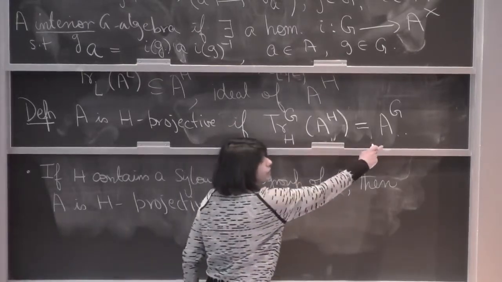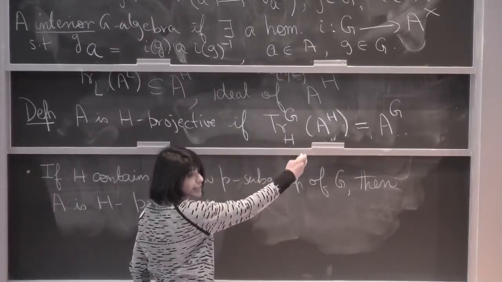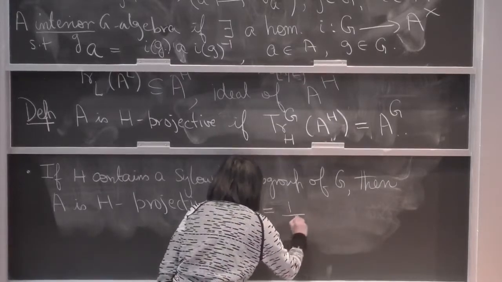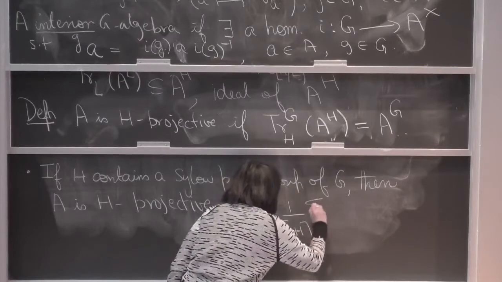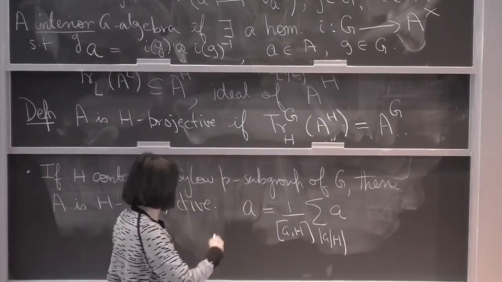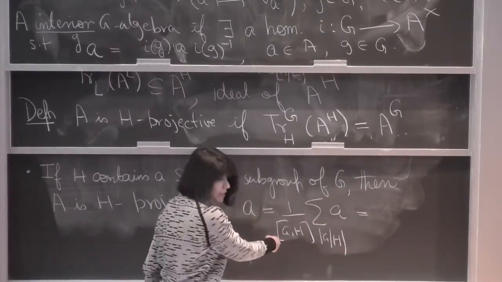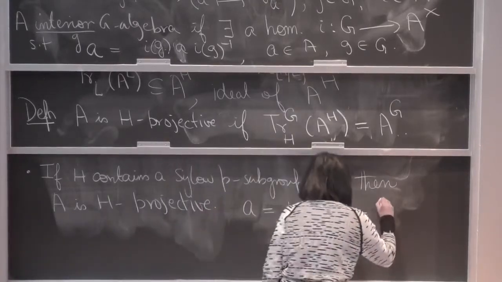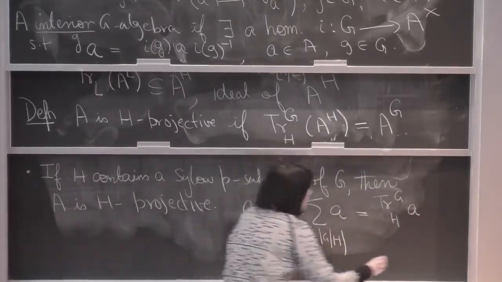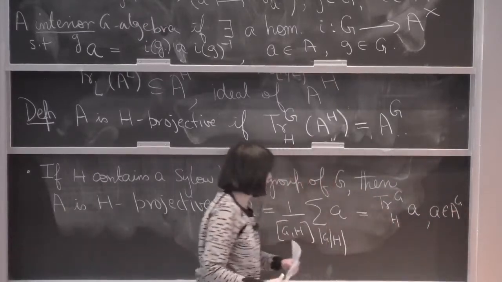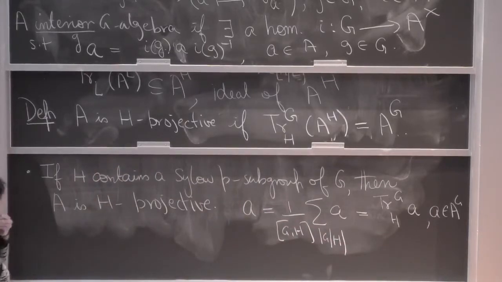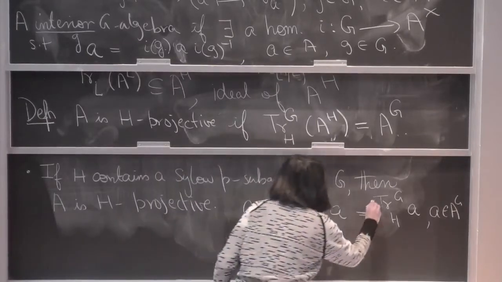You want to say that every element in A^G is a trace of some element in A^H, and that's easy because if you take an element a in A^G, you just write it as a added to itself many times, divided, and you can divide because this number is prime to p, and that is just the same as the trace from H to G of a, because every element of G acts trivially on a. Sorry, I wanted to divide still, yes, excuse me, thank you.